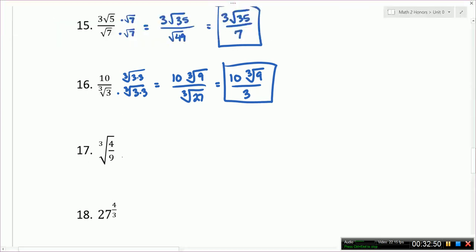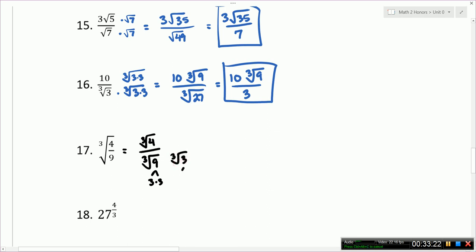We have a cube root of a fraction. You are able to split that cube root up between the numerator and denominator, so we can write cube root of 4 over cube root of 9. And it's okay to have a root in the numerator, so we're not focused on that. We're focused on the denominator, getting rid of that cube root of 9. 9 is 3 times 3, so it'd be nice to have another 3, so I'm going to multiply by the cube root of 3.